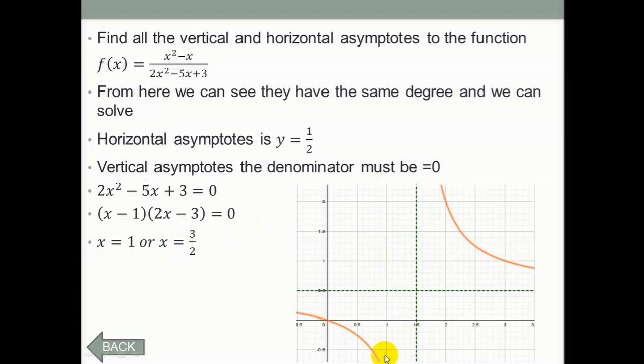You need to know that if the numerator and denominator have the same factor, this one is x equals 1, so you don't need to put a vertical asymptote there. So I will say again, if the numerator and denominator have the same factor, you don't need to write it down, but write the other vertical asymptote like this one. Okay, everyone?